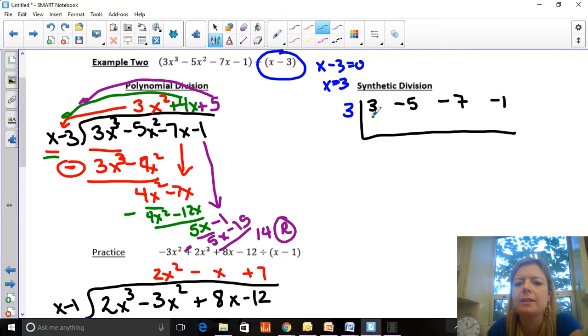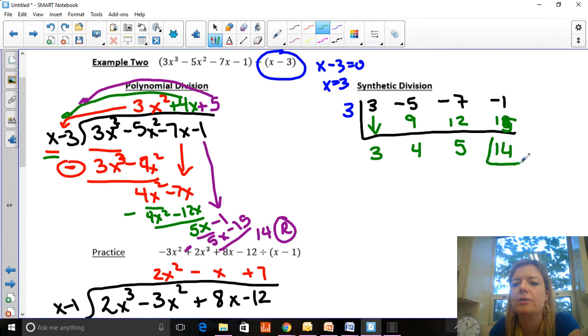Okay, so step 1 is to bring down the first number, and then you multiply up. So 3 times 3 is 9. Now we add these together. Minus 5 plus 9 is 4. 4 times 3 is 12. Negative 7 plus 12 is 5. And then 5 times 3 is 15. Minus 1 plus 15 is 14.